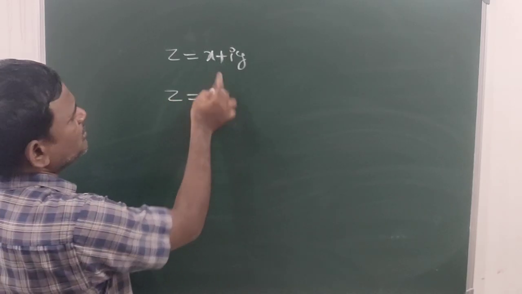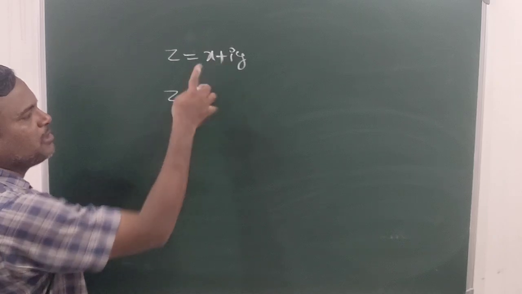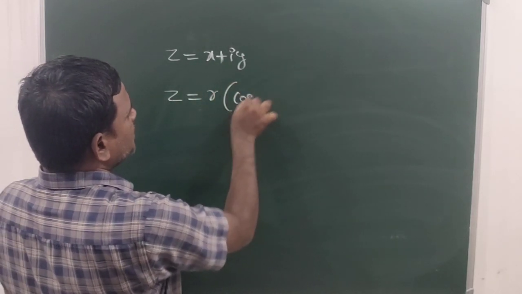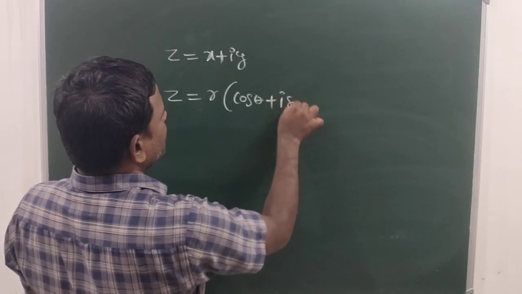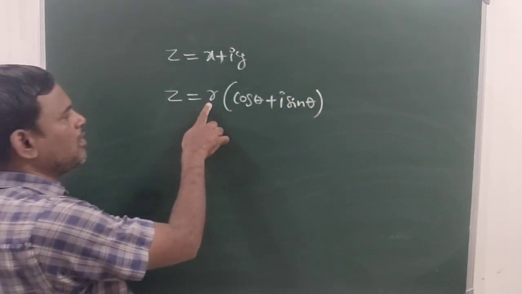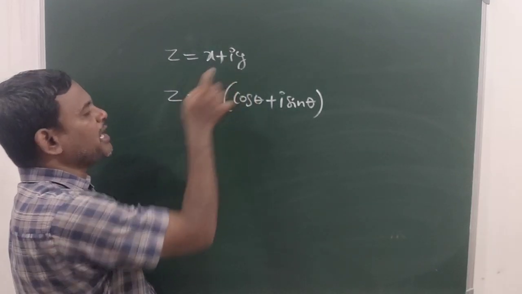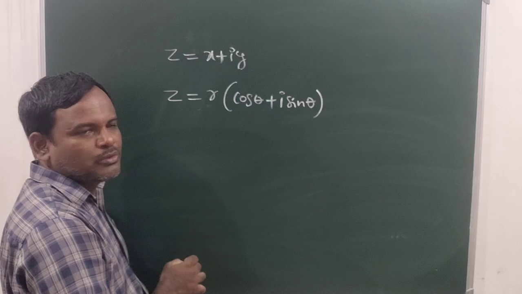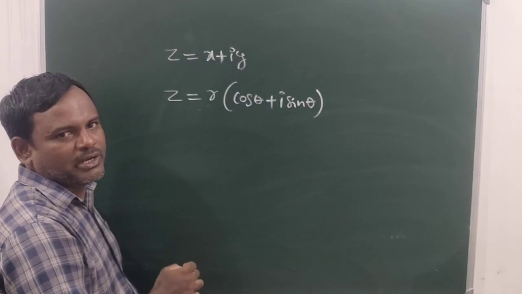You know that. So while converting this complex number into the polar form, we get r cos theta plus i sin theta, where r represents magnitude or modulus of this complex number, theta represents its principal argument.